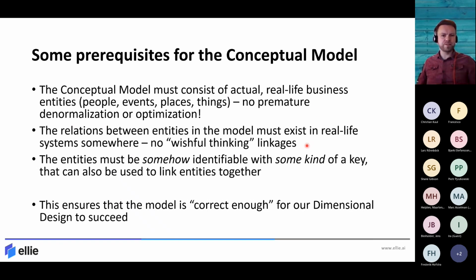We have the links between the entities as they exist in some system somewhere. It's technology independent, but we know that the links exist, and they are somehow identifiable things with some kinds of keys that identify the entities. And this should be enough. It's correct enough for our dimensional design to succeed based on that model.